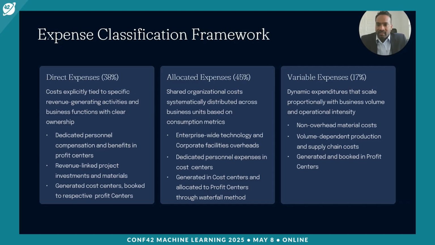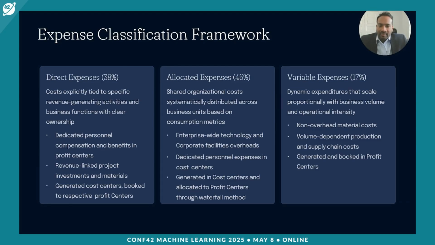These could be personnel compensation and benefit expenses related to people and teams in profit centers, or direct costs of producing revenues in revenue units, such as license costs or data subscription fees. In short, direct expenses are booked to the cost centers they get allocated to.